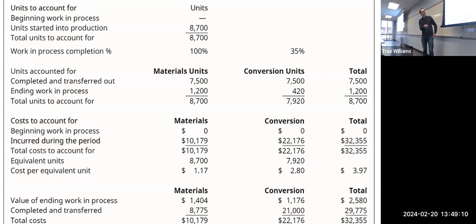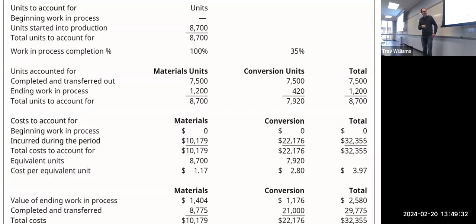And that's completed and transferred. We could then take the ending work in process material units, also multiply by the equivalent cost per unit for materials, and that gives us our ending work in process material cost. Okay, time consuming, not that hard.